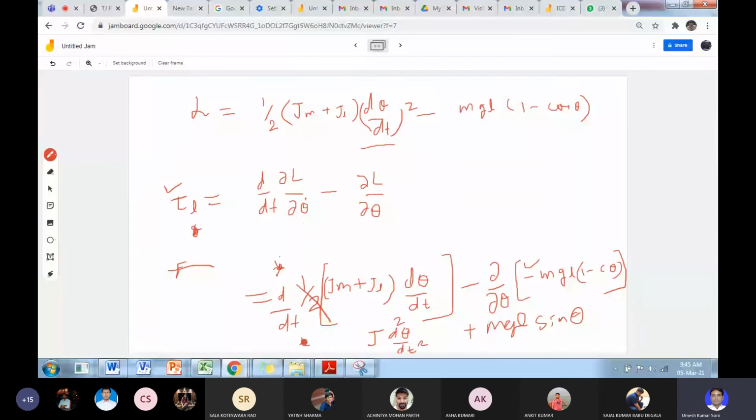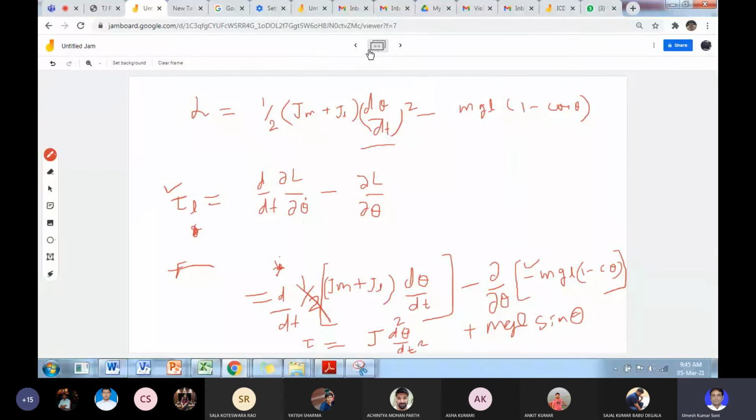Okay, so finally this is the torque equation derived from the Euler-Lagrange equation.